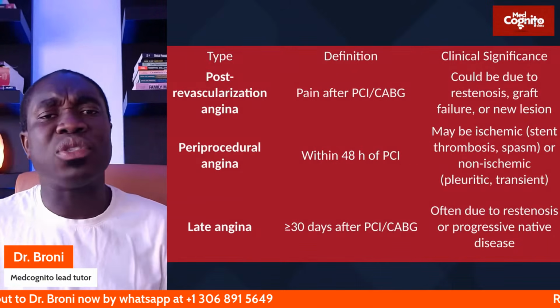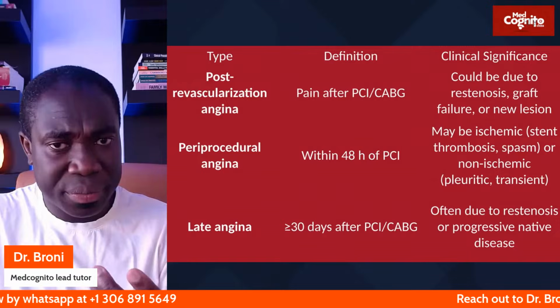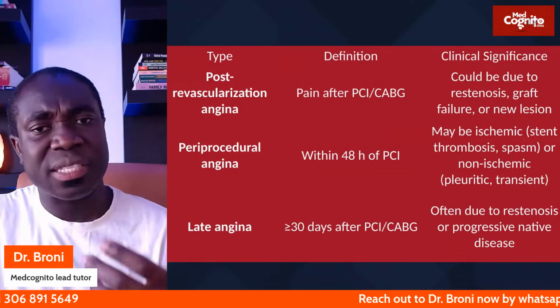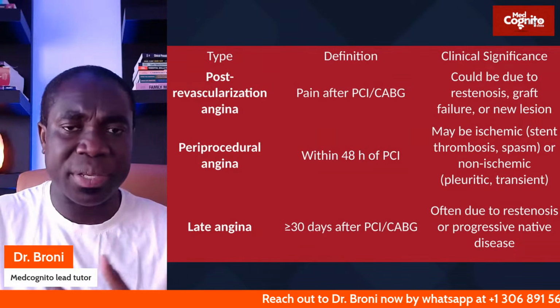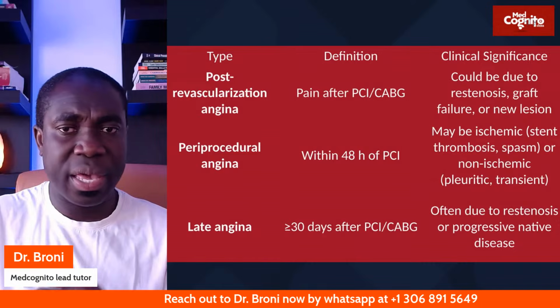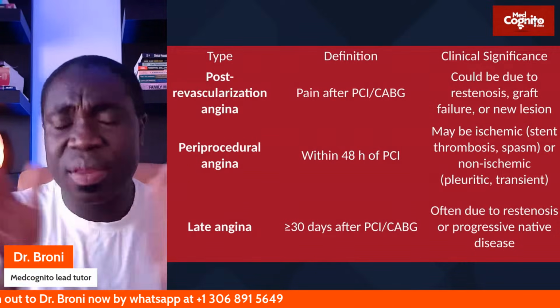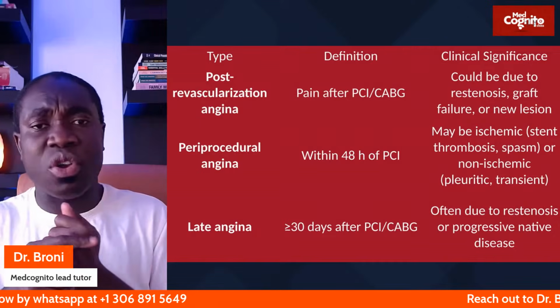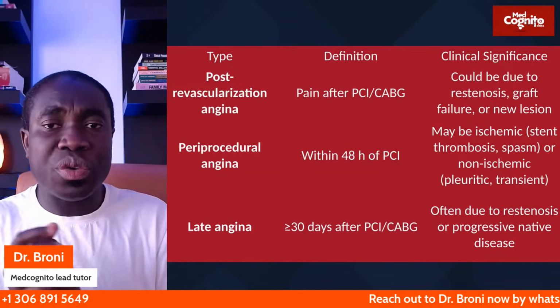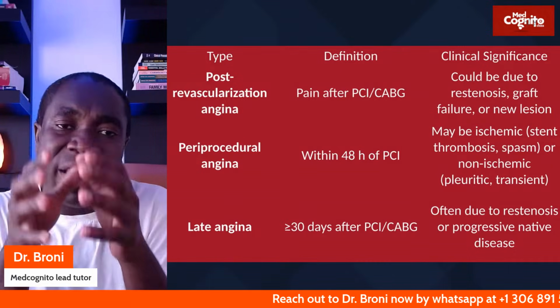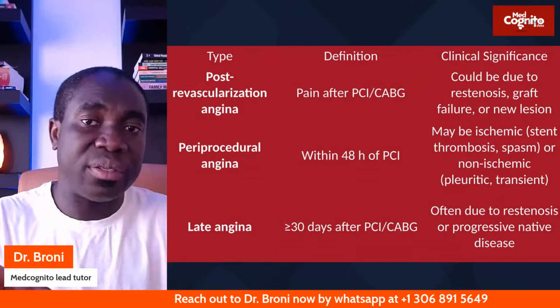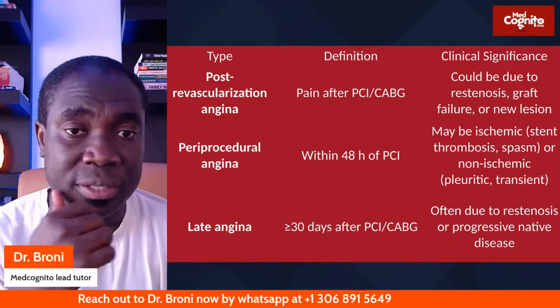And then we also have post-revascularization angina, where the patient experiences chest pain after PCI or after CABG. It could be a result of the blood vessel getting clogged again due to restenosis, or the graft which was put there has failed, or there's a new lesion.